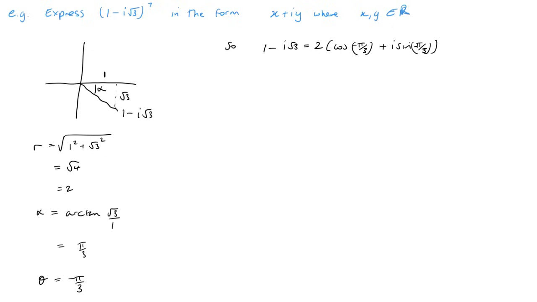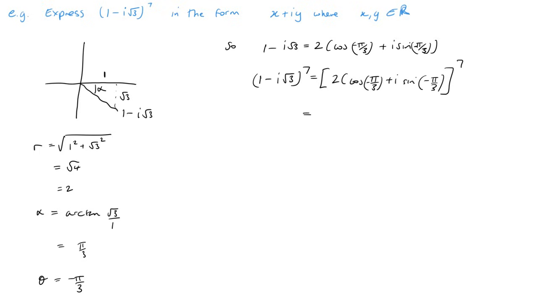Now, I don't need to worry about the negative angles at the moment, but let us now raise this to the power 7. So that will be 2 cos minus pi by 3 plus i sin minus pi by 3, all raised to the power 7.